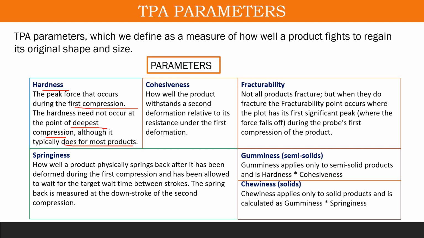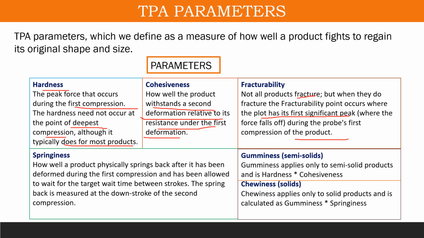Cohesiveness is how well the product withstands a second deformation relative to its resistance under the first deformation. Fracturability: not all products fracture, but when they do, the fracturability point occurs where the plot has its first significant peak, where the force falls off during the first compression of the product.